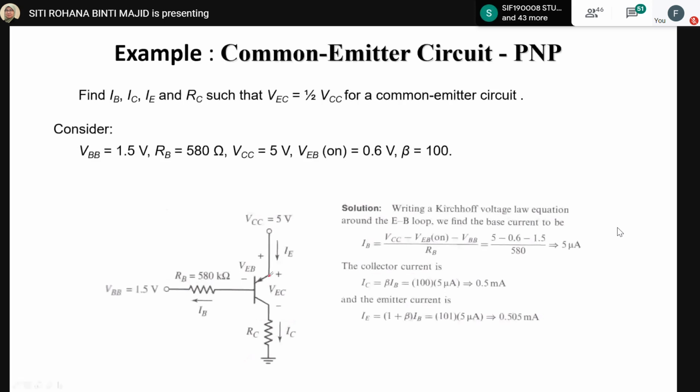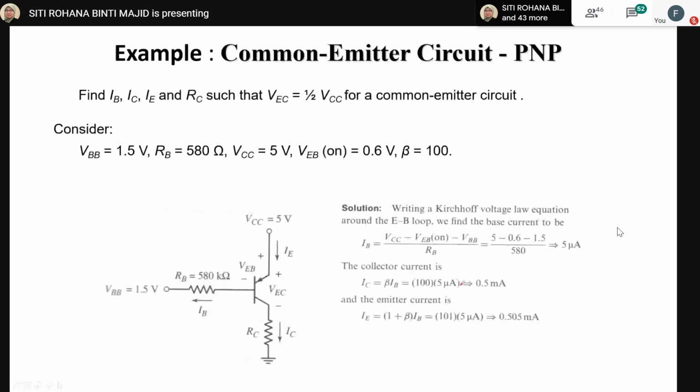So this one is for PNP. If the direction of the arrow is out of the circle, that means NPN. Because it depends on the type of BJT. But the concept of calculation is the same.